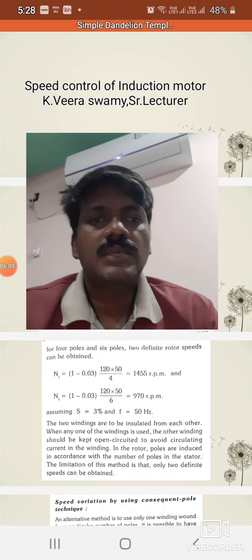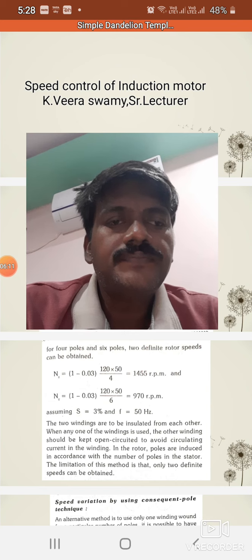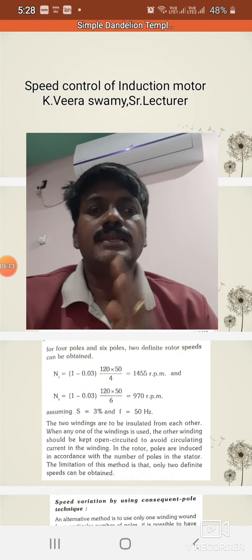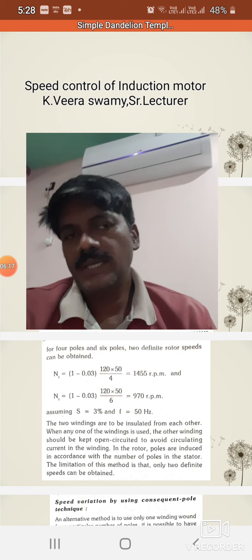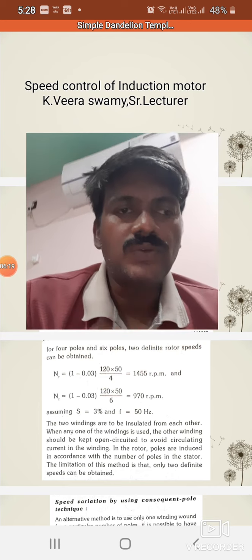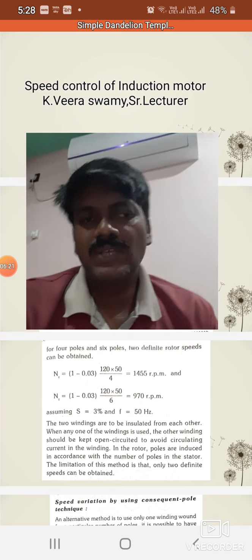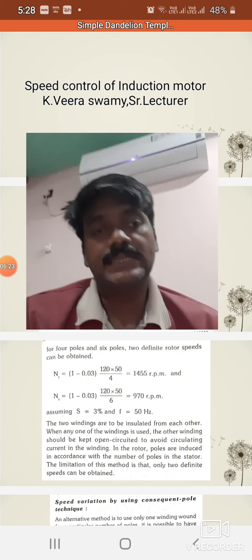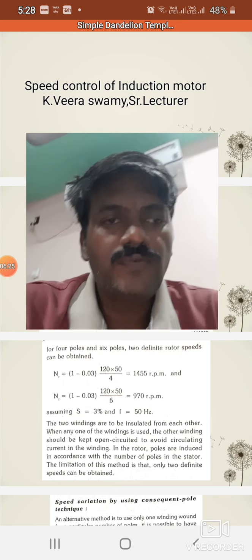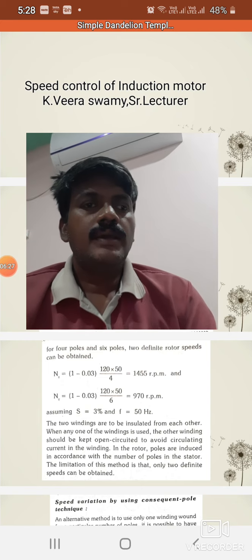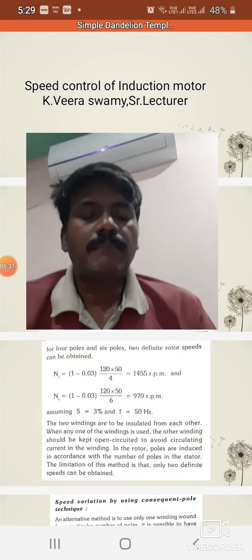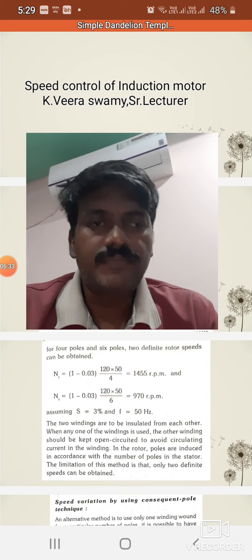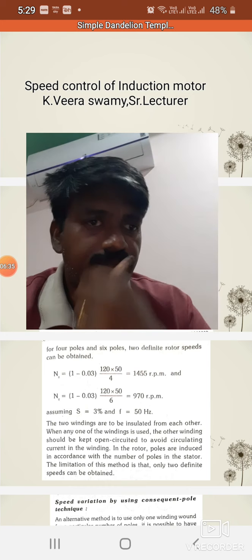That means first convert the AC voltage into DC voltage. By using an inverter circuit, we convert DC voltage into AC with controllable voltage and frequency. Right? So we can control voltage and frequency by changing the pulses to the thyristor circuit.